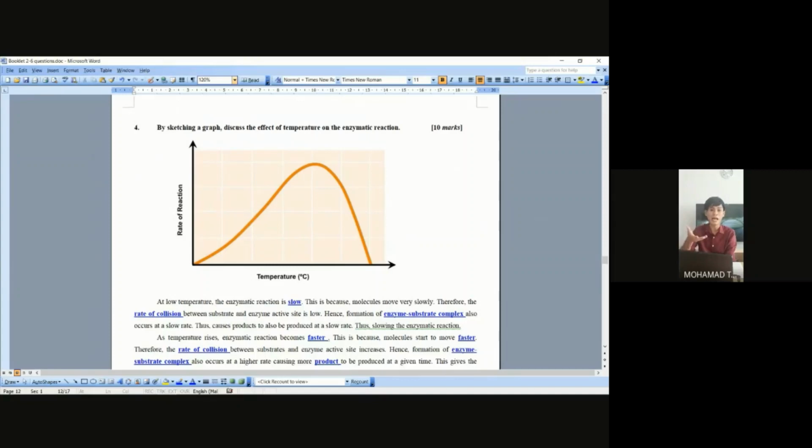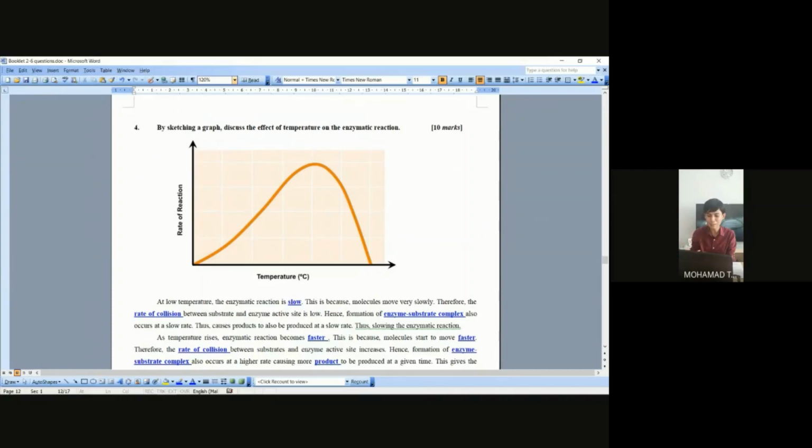Since they move slowly, the collision rate is low, so the rate of formation of enzyme substrate complex also occurs at a slow rate. If the ESC forms at a slow rate, the product is also formed at a slow rate, thus slowing the enzymatic reaction.